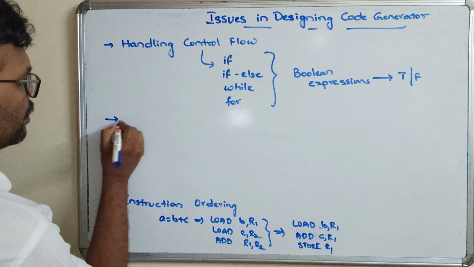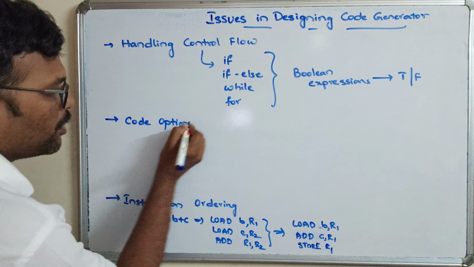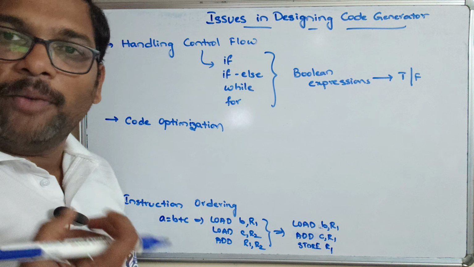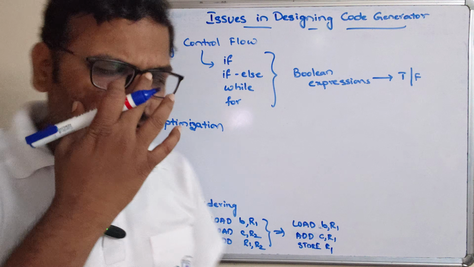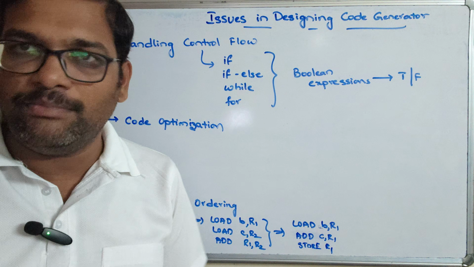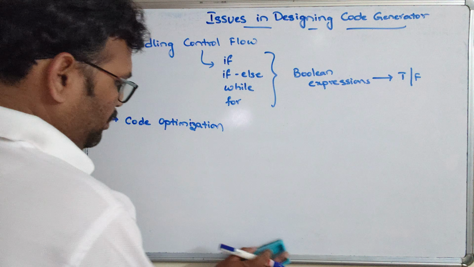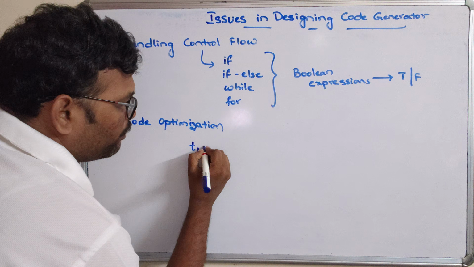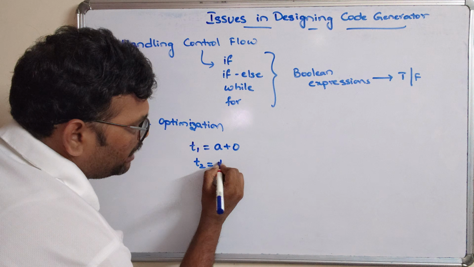And the next one, code optimization. This is also very important, because every code should give optimized results. So here we need to reduce the memory usage, or in terms of time also. Let us see an example. Let us take two instructions like t1 is equal to a plus 0 and t2 is equal to t1.